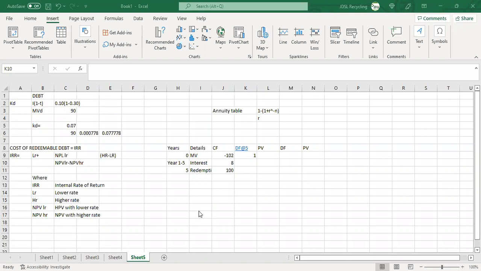Can we make use of our calculator? Wow, not getting it.